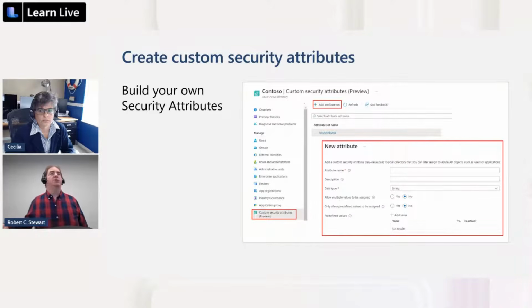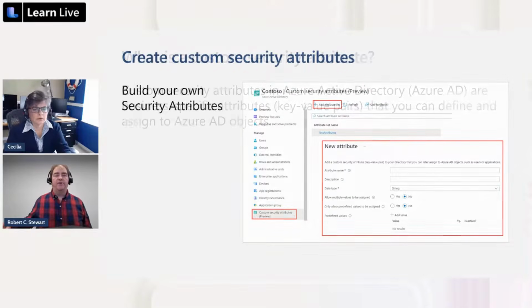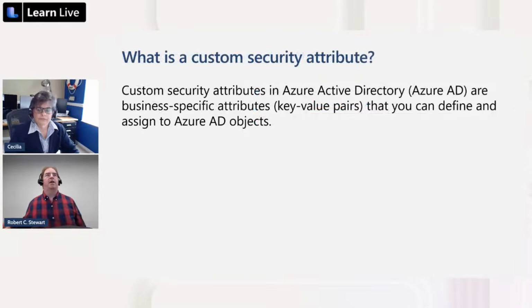These attributes can be assigned to users, devices, and applications, and all of the different types of identities and objects that we have talked about so far, so that you can get some very fine-grained and extra capabilities in conditional access and other tools beyond what is built into the system.